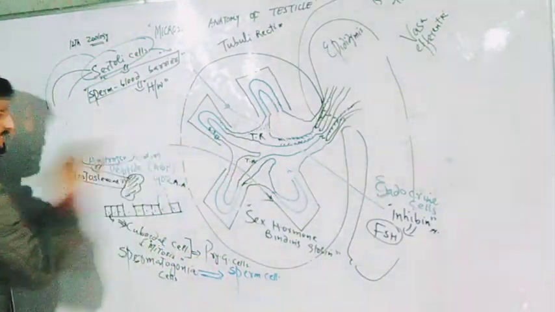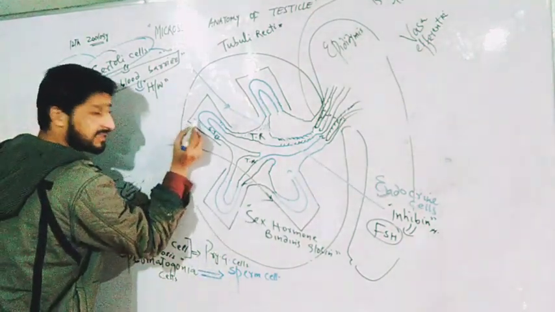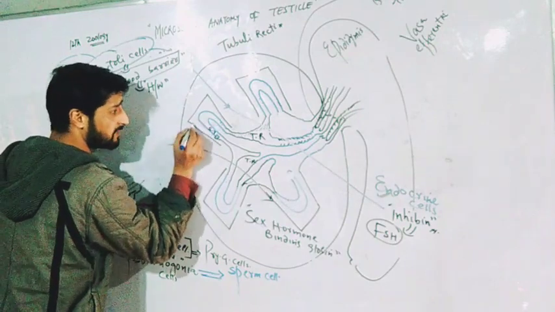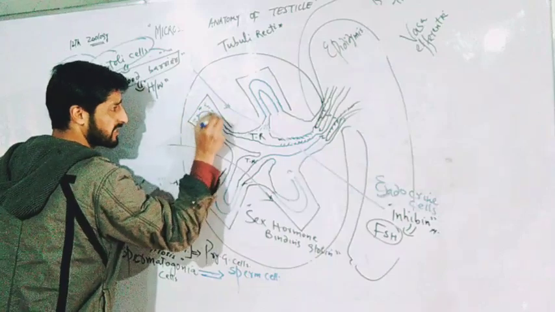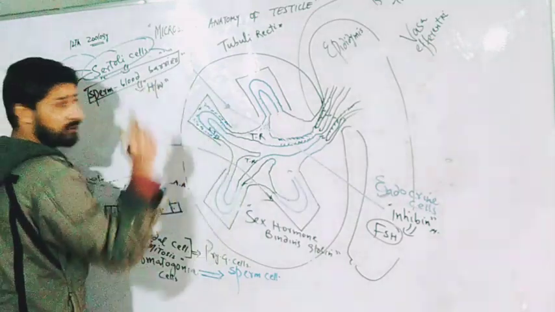The next point is that along with seminiferous tubules, there is present connective tissue, neurons, and blood vessels in this testicular lobe.